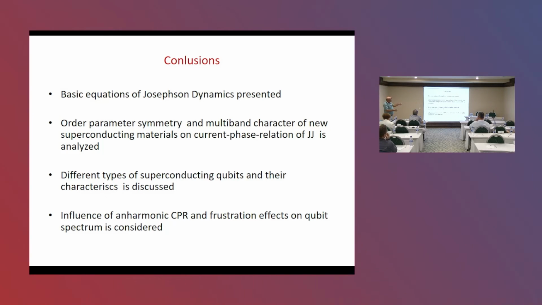For example, the energy difference in Josephson junction qubits, in phase qubits, and in flux qubits, and the influence of this characteristic, these methods taken into account with calculation of effective critical current of Josephson junction in the case of anharmonic current phase relation, and in the case of frustration effects in multiband superconductors. Yes, thank you.